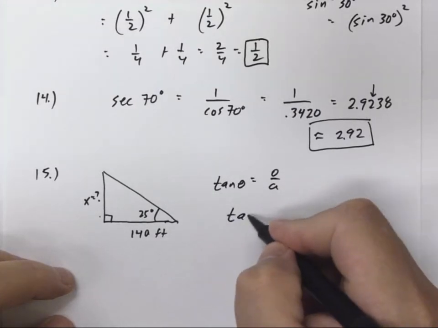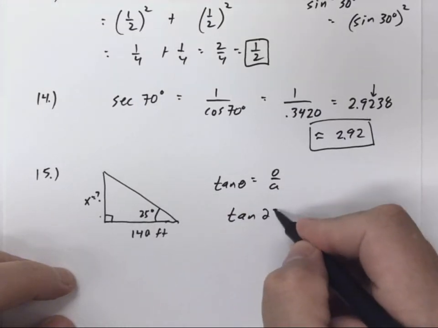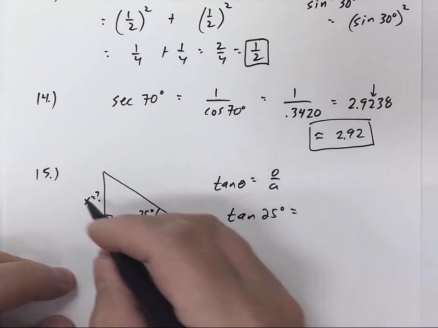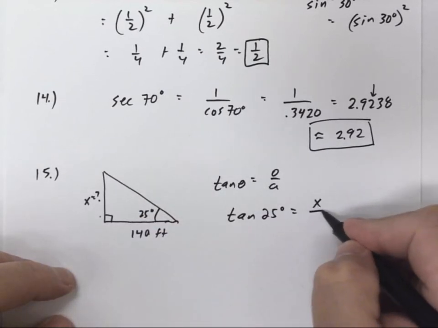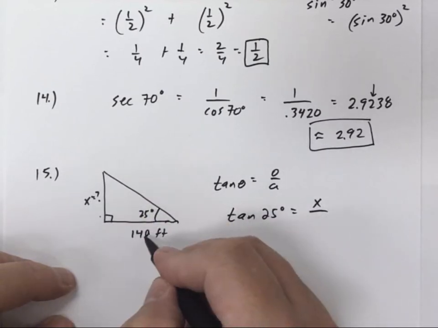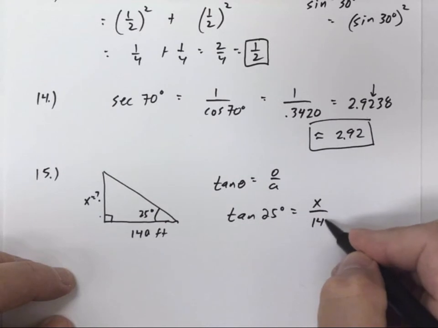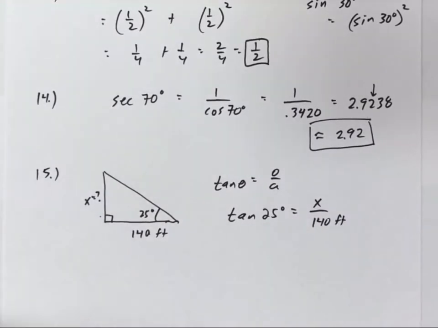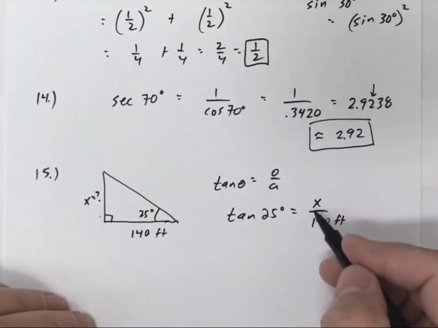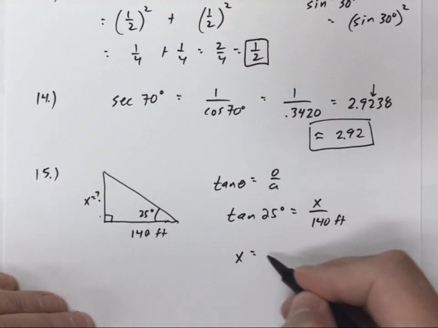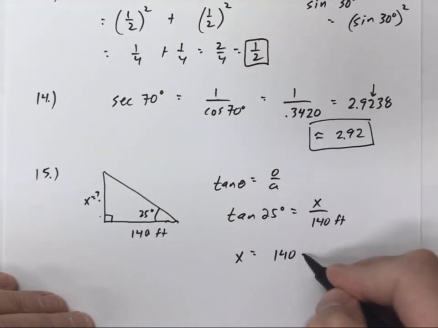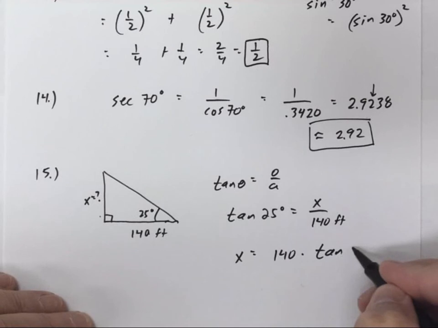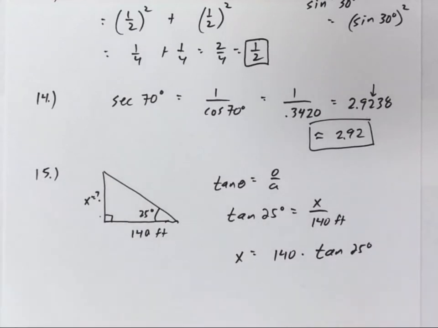So I can say the tangent of 25 degrees must equal the opposite, which is x, over the adjacent, which is 140 feet. If I solve this thing for x, I basically get 140 times the tangent of 25 degrees.